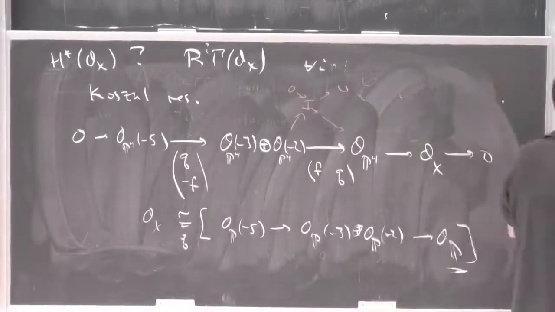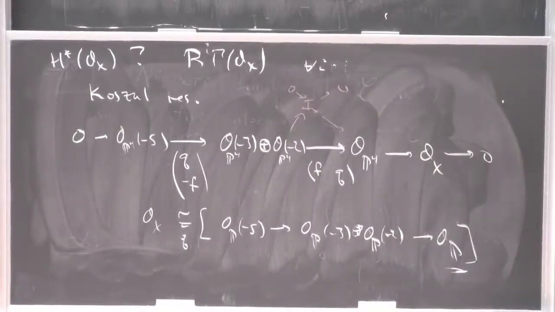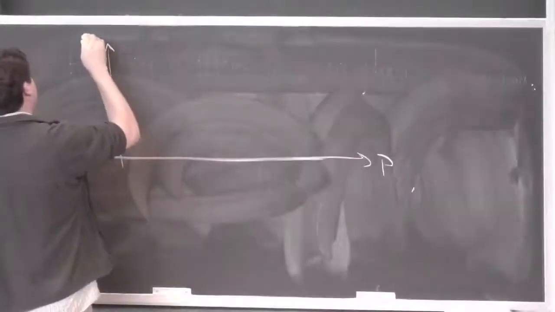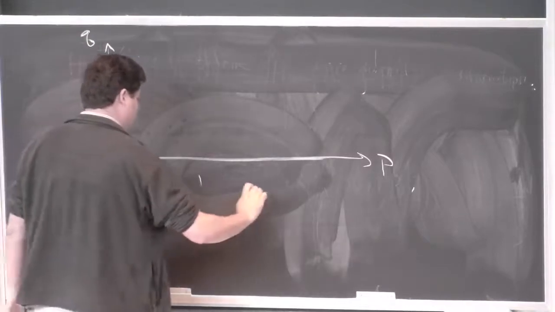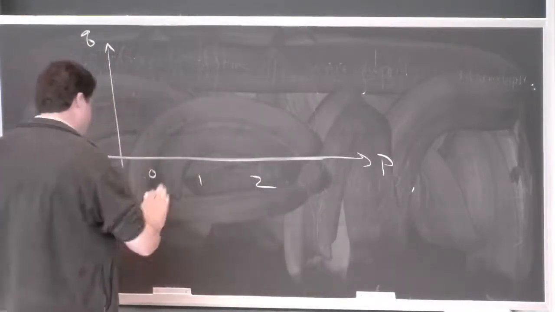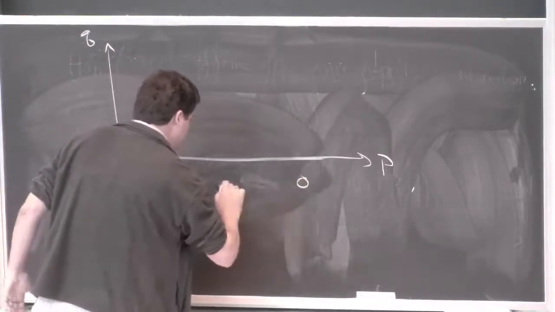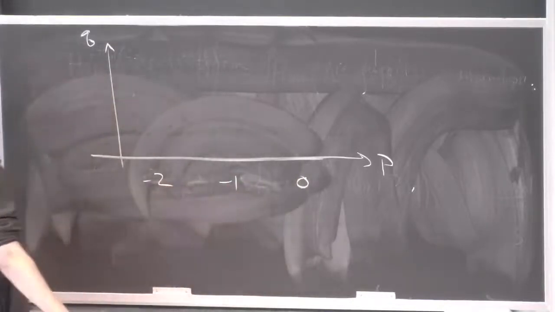So how do I use it? This way is going to be P, and this way is going to be Q. P can be 0, 1, or 2. Or sorry, excuse me, P can be 0, -1, or -2.